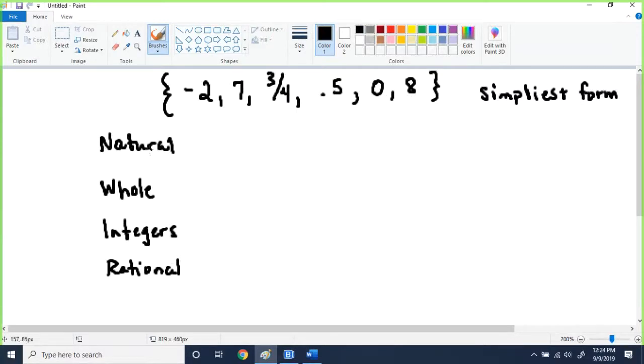So let's start with natural. Natural are positive whole numbers. So 7 will go in this category, and 8. Okay, looking at our whole numbers, 7 is a positive number. 0 is included with our whole numbers, and 8.